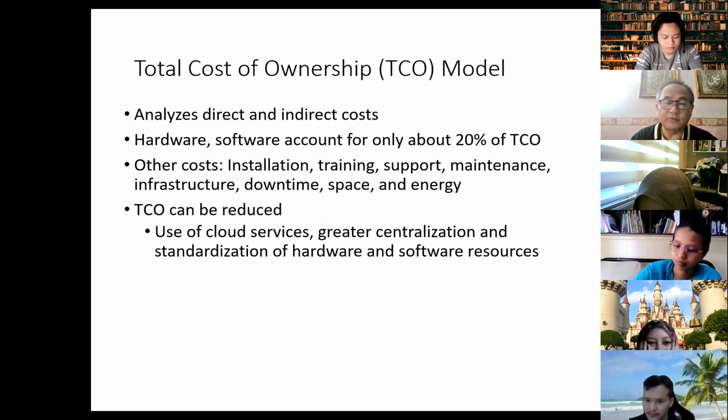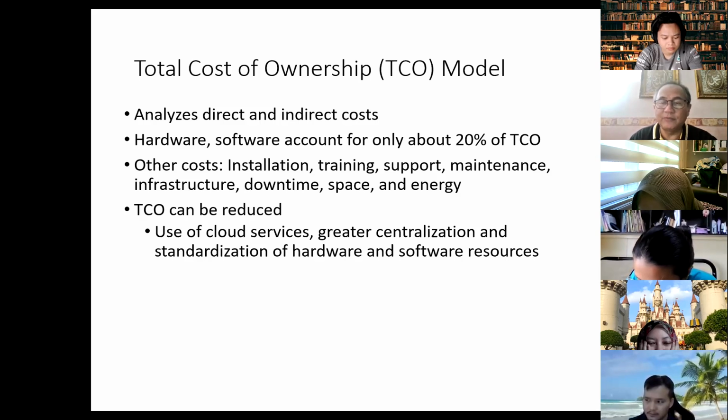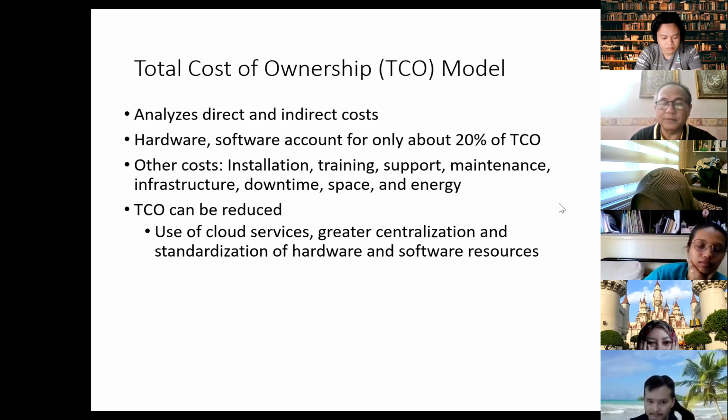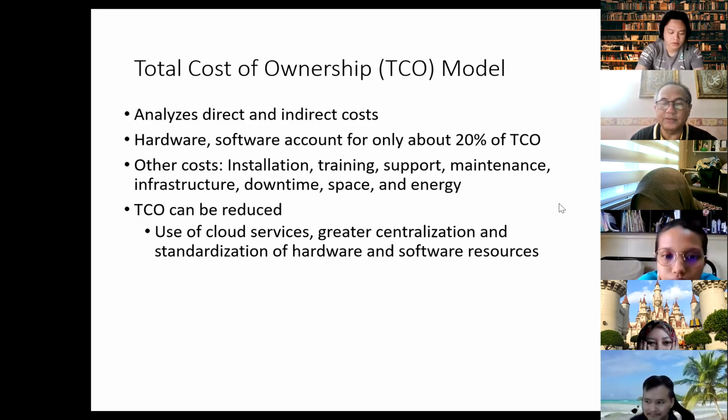The total cost of ownership analyzes both direct and indirect costs relevant to the information system services. So usually hardware and software only account for about 20% of the TCO. The rest is 80%, which includes installation, training, support, maintenance. All the rest will be 80%. So how to reduce?